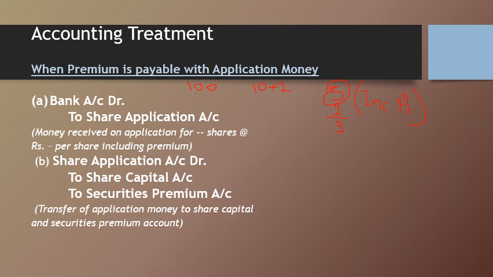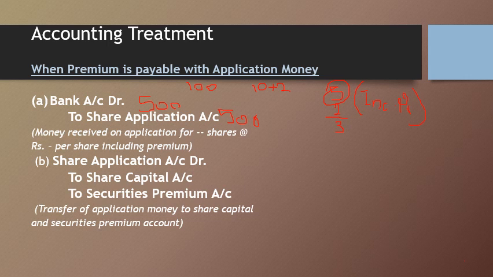Whenever the shareholders apply for these shares, they have to pay rupees 5 on each share. So if the company is issuing 100 shares, they will be getting 100 into 5, 500 rupees. Bank account debit 500 to share application 500.